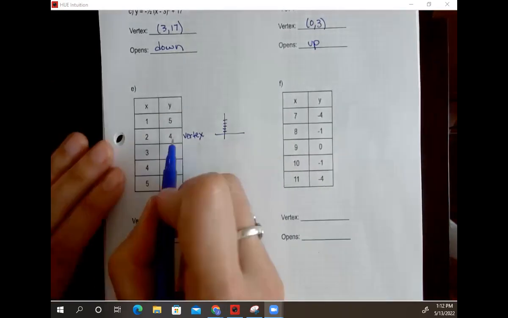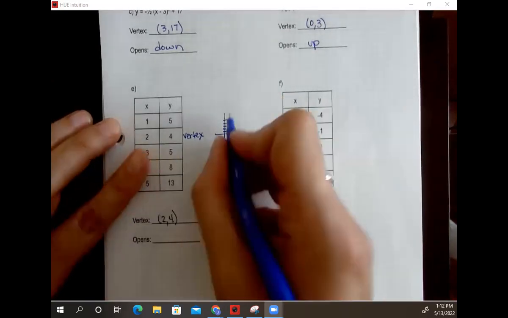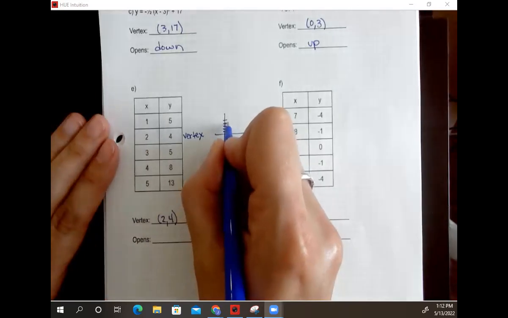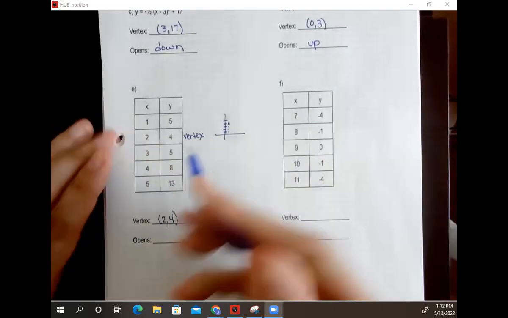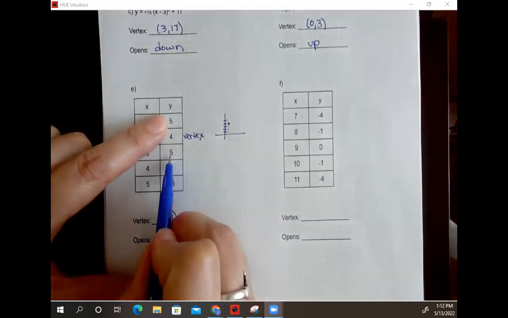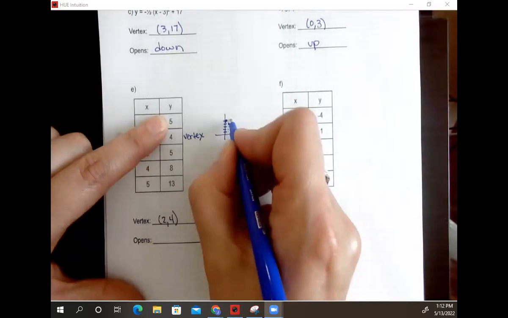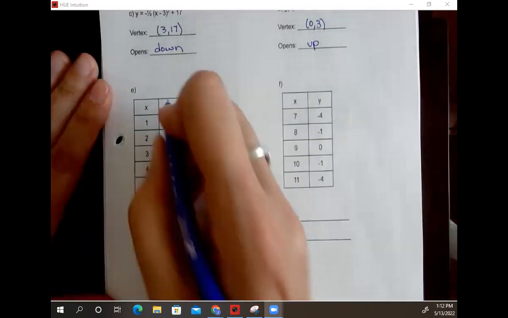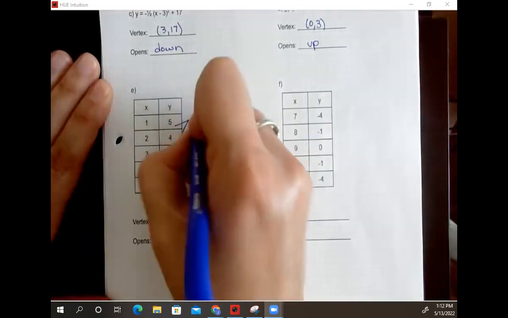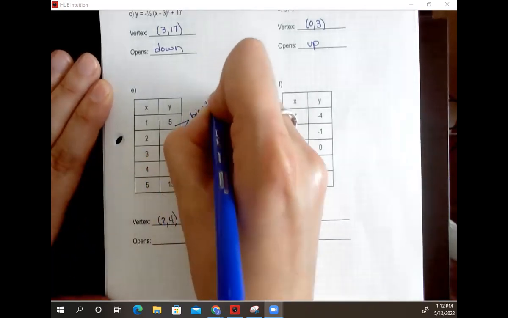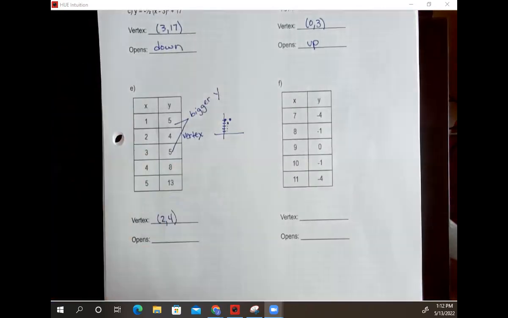So my vertex has a y value of 4. I don't care about the x right now. I just care about the y. 1, 2, 3, 4. Put it right there. On either side, my y values are 5. So that's up here and up here. Since the y values on either side are bigger, that means my vertex is the bottom, right?